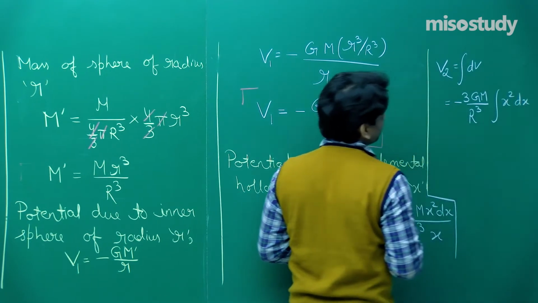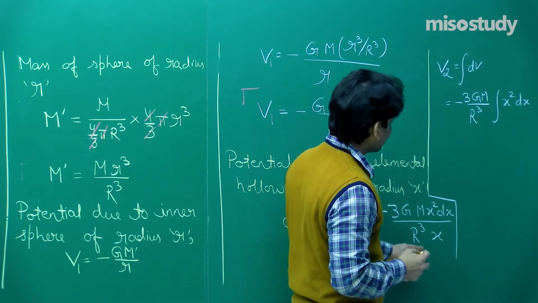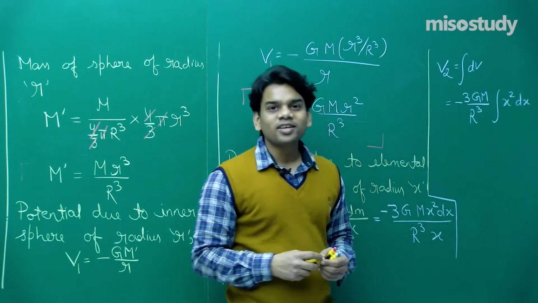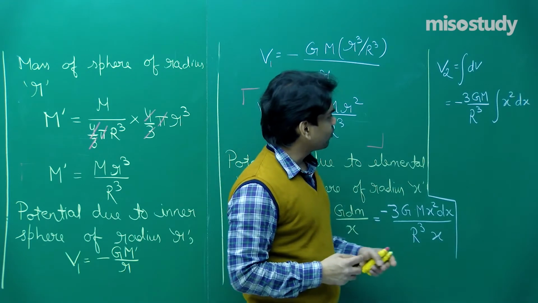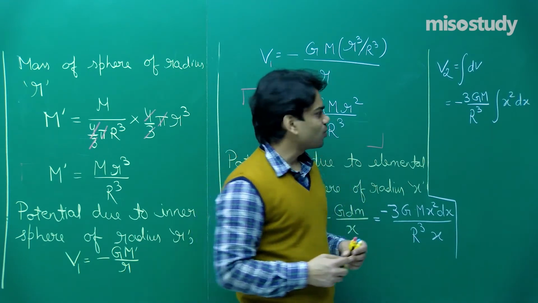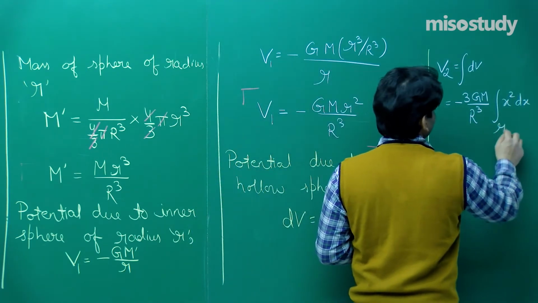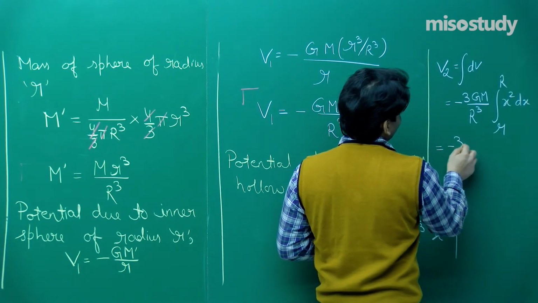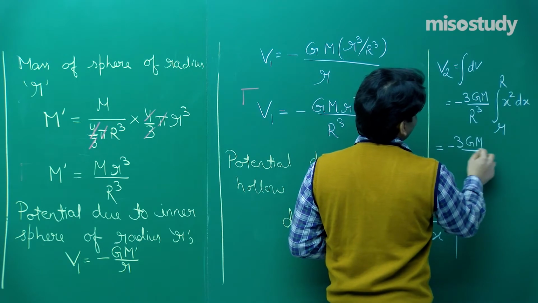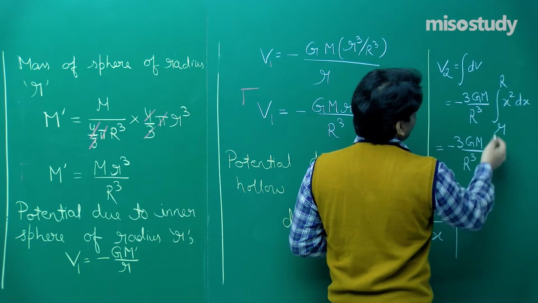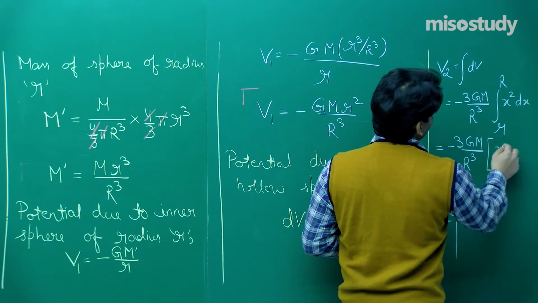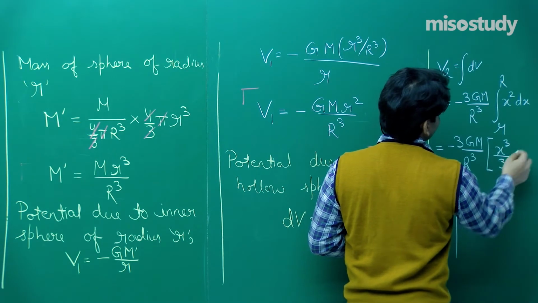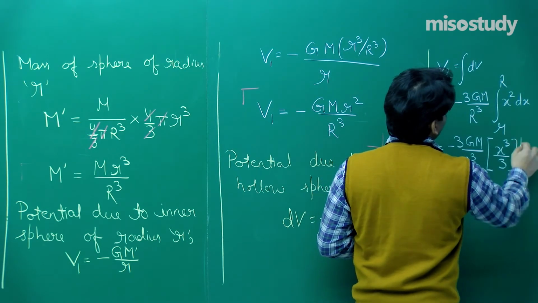This is what we have to do, integrate x square dx, and the value of x should be variable. You see here, x should vary from small r to capital R. This is what we have to do. So substitute here, you will be obtaining minus 3GM upon r cube, and here x square will come out to be x cube by 3. Substitute the value small r to capital R.